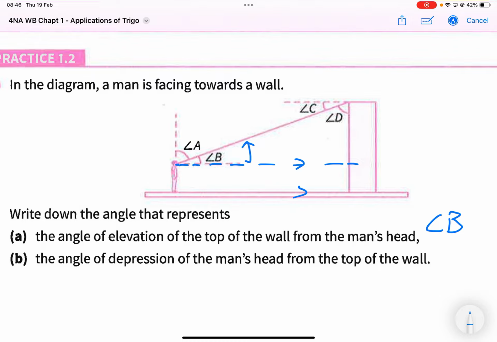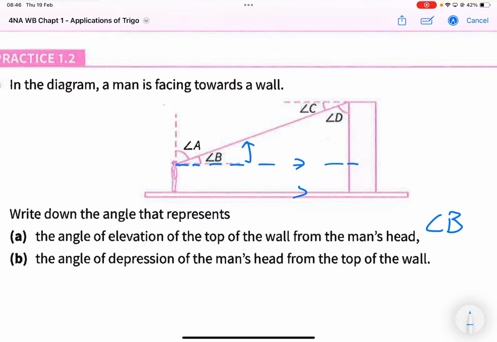Elevation means up. Angle of depression of the man's head from the top of the wall. So it's the same thing. The two objects are the same, the man's head and the wall. But remember, this one is from the top of the wall, so it's from here, coming down here, because the head is lower, so it's depressed, I go down.